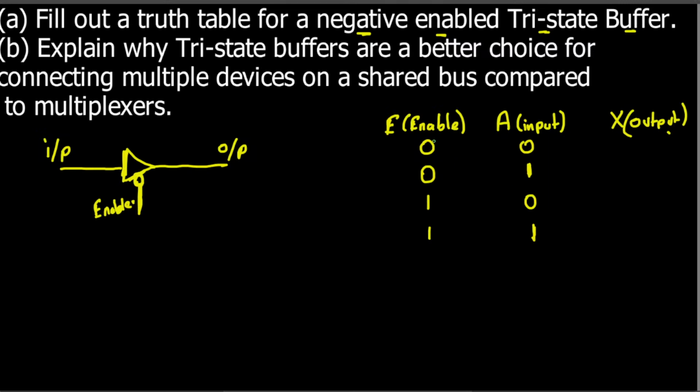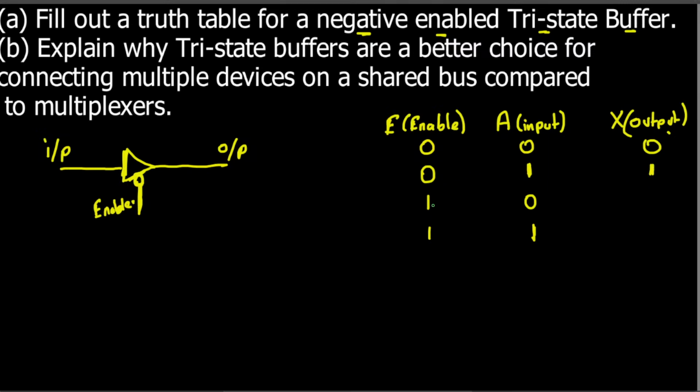So when enable is 0, it's going to do the exact opposite, so it's going to put 1 into it, but the input is 0, so it's going to be 0. And when the enable is 0 and the input is 1, that's going to give the output of 1.